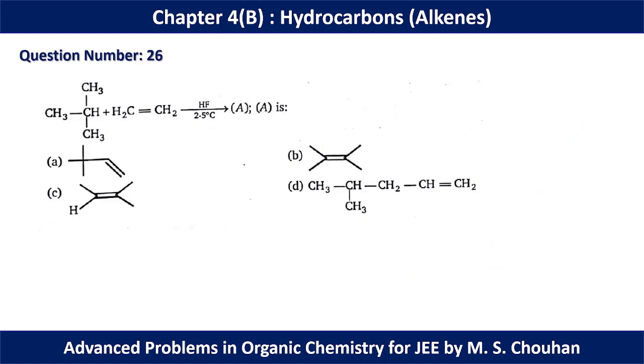In 26, we know that fluoride is a very good reagent to abstract hydrogen because of its strong hydrogen bonding, and it is known that HF2 minus is the strongest hydrogen bonded species.